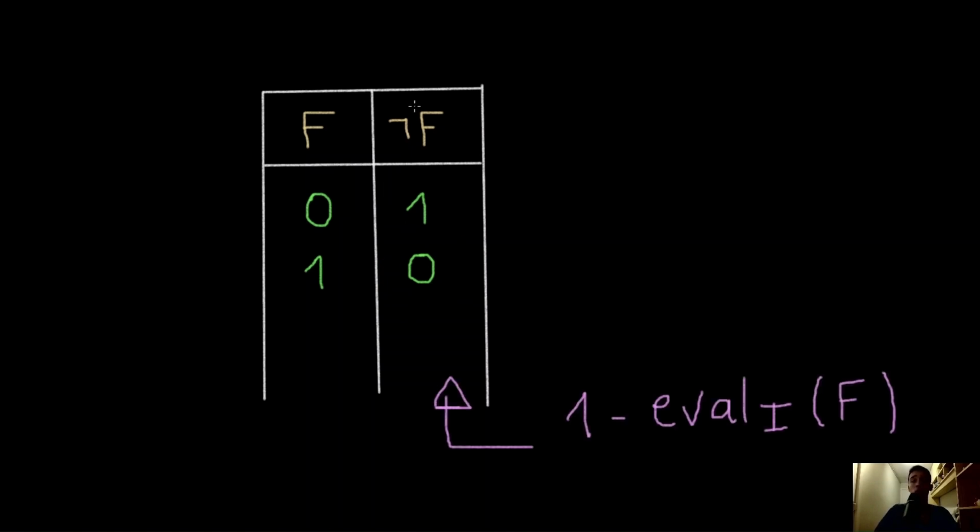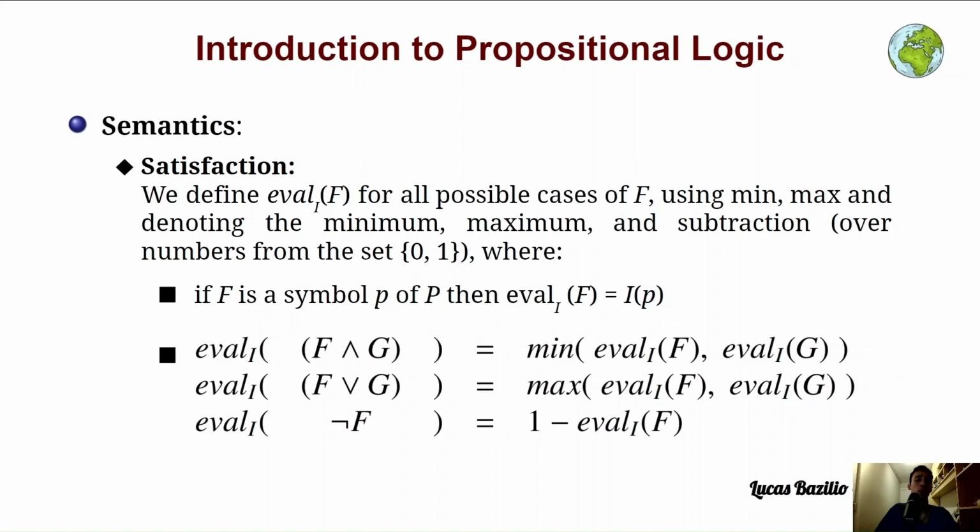Well, if we look closely, this column, the negation, is precisely 1 minus the evaluation of the original formula. If the evaluation of the formula f is 0, 1 minus 0 gives us 1. And if the evaluation of the formula f is 1, 1 minus 1 gives us 0. And this is the reason that we have this computation to evaluate the negation of a formula.